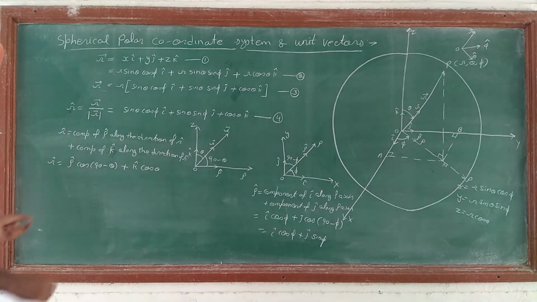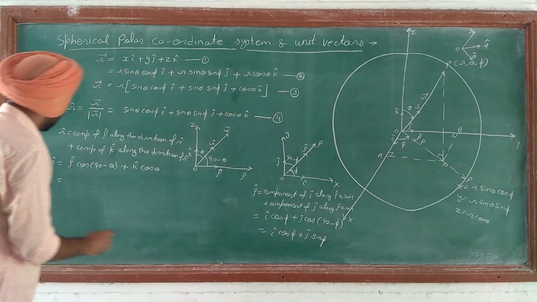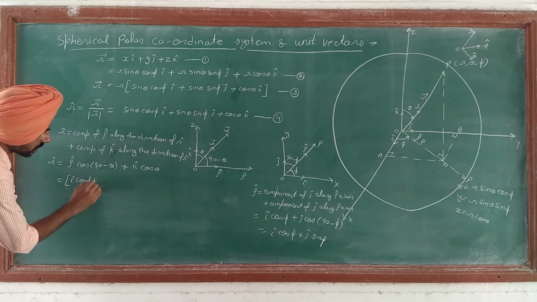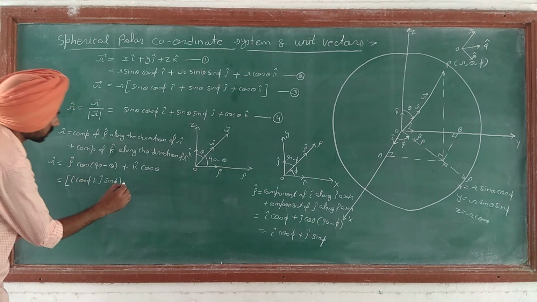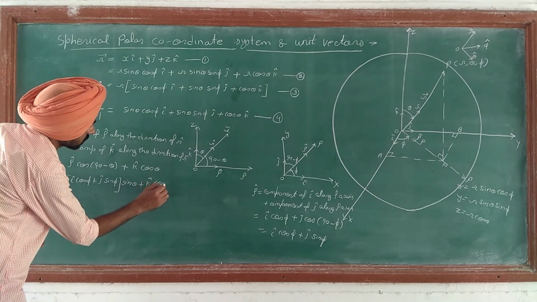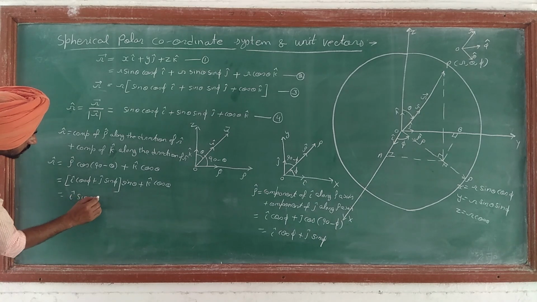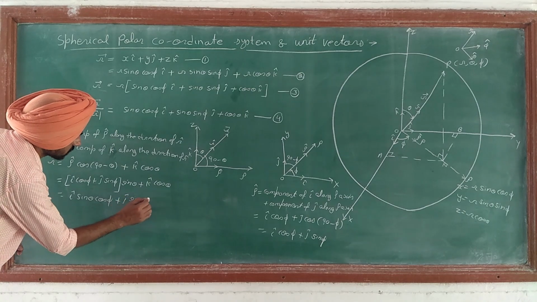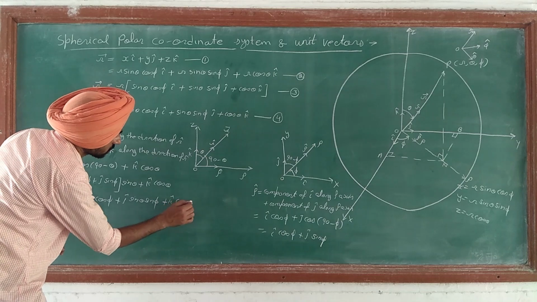So we know rho cap is i cap cos phi plus j cap sin phi. So it will be i cap cos phi plus j cap sin phi into cos 90 minus theta, which is sin theta, plus k cap cos theta. So this is i cap sin theta cos phi plus j cap sin theta sin phi plus k cap cos theta.